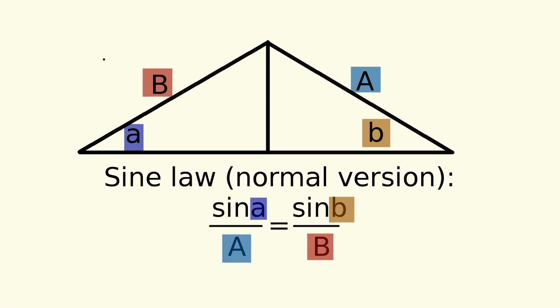Here it is in the traditional form. The sine of an angle divided by the opposite side is a constant for any triangle. Measure the angles of a triangle and one side, and you have all the sides from the sine law.